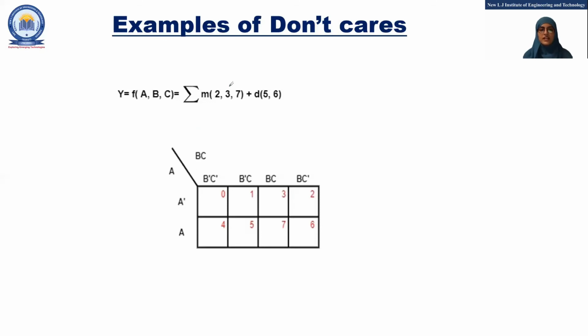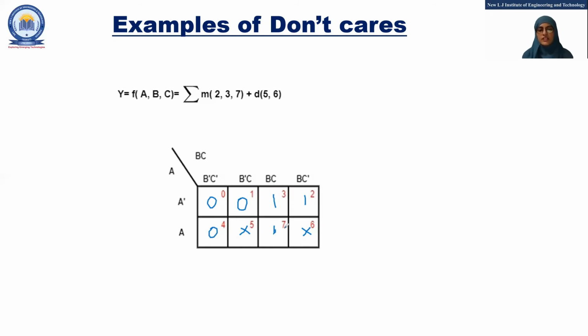2, 3 and 7 min term is actual min term and 5 and 6 is don't care condition. So how we fill this? 2, 3 and 7 will be filled by 1 and 5 and 6 will be filled by cross. So other terms will be 0. So we can consider don't care also and we cannot consider don't care.